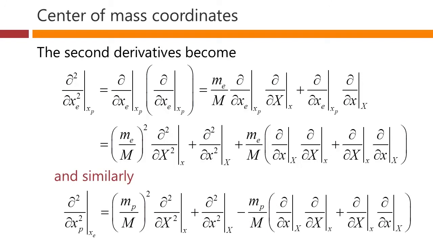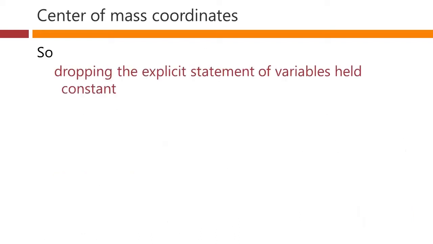And similarly, we can work out the second derivative with respect to xp, again at xe held constant. And this is almost the same, but there's a minus sign left over in here that we get from the derivative with respect to xp instead of the derivative with respect to xe. So from this point on, we're not going to explicitly state which variables are held constant.